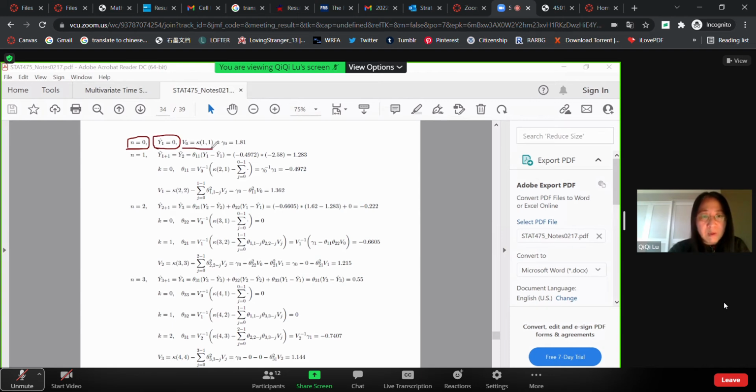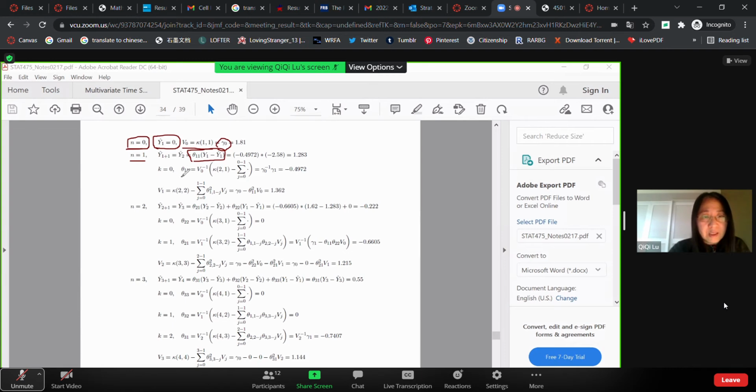V0 is just kappa 1, 1, that's gamma 0, 1.81. When we have one data point, so n equals 1, and we predict y1 plus 1, that's y2 hat. So we have only one data point, theta 1, 1 times y1 minus y1 hat.